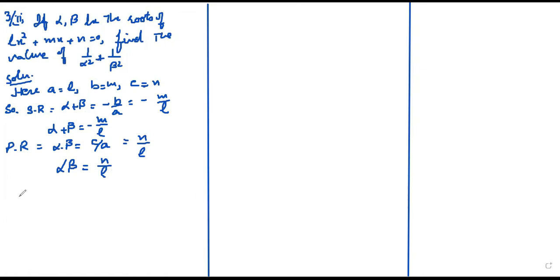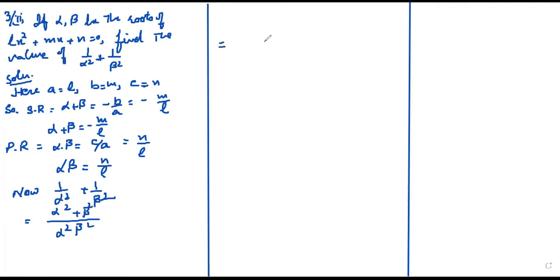1 over alpha square plus 1 over beta square equals to alpha square plus beta square over alpha square beta square.